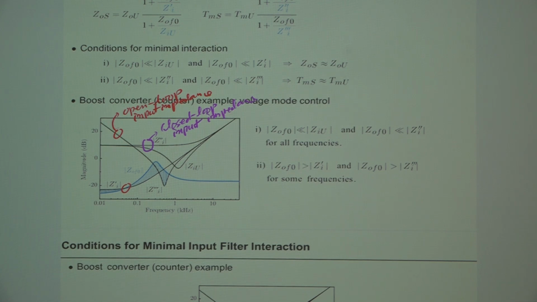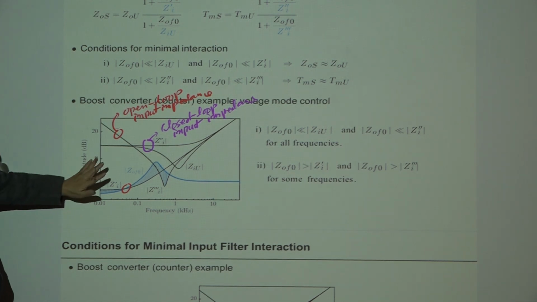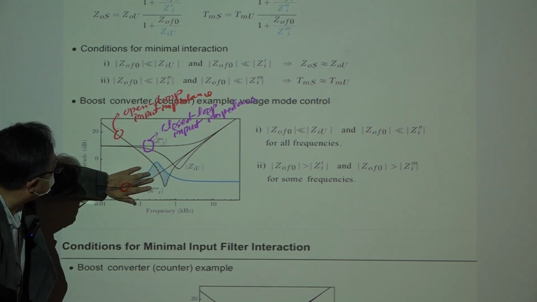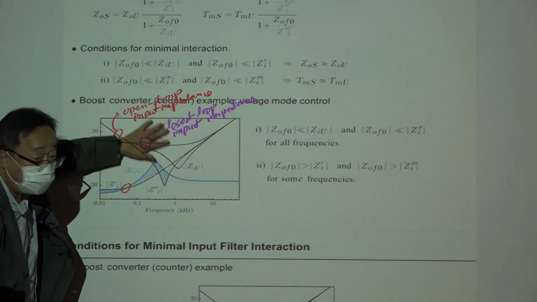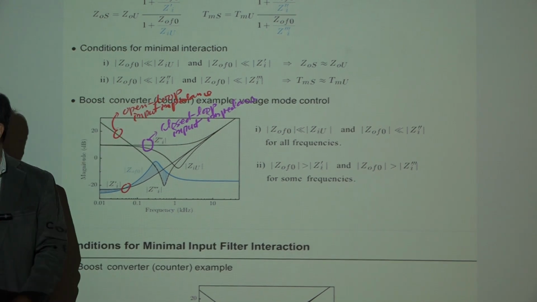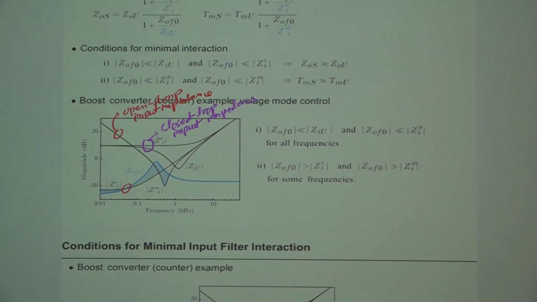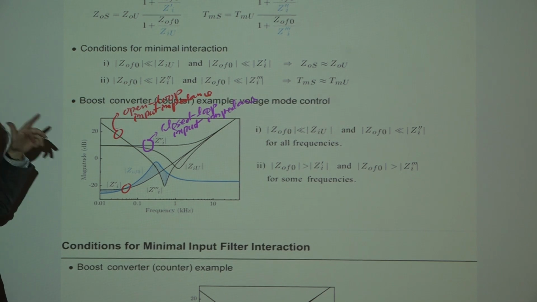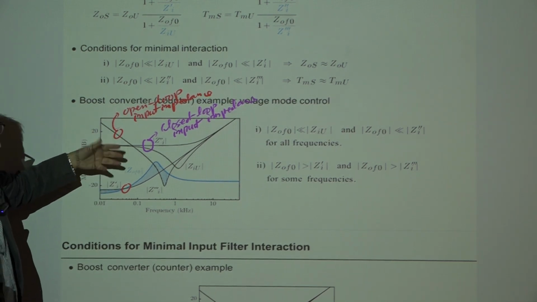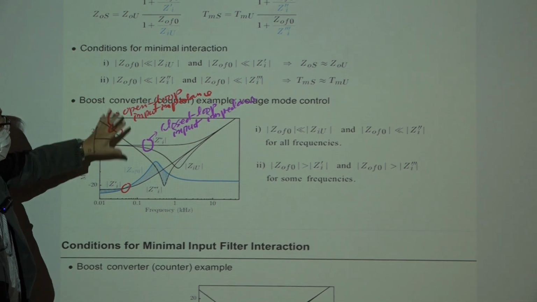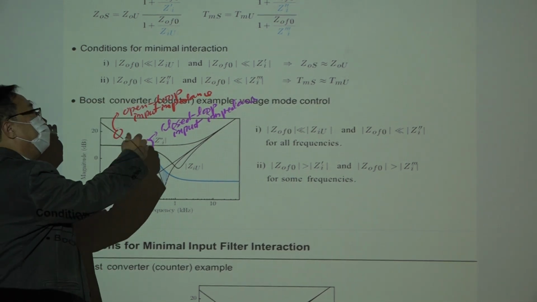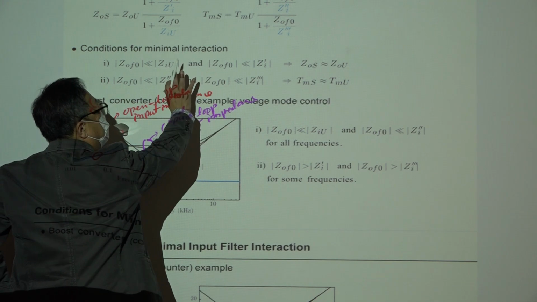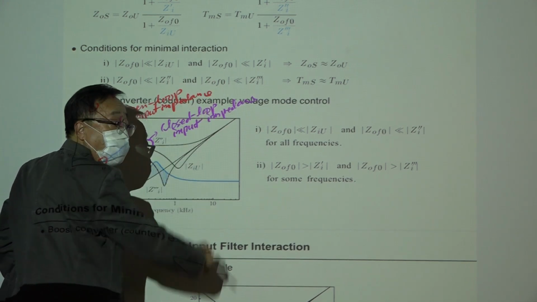That current mode control somehow boosts this up here, right? So that is one benefit of current mode control. Current mode control improves this open loop input impedance characteristic and mitigates the problem of this. In that case, it's much easier to meet these four requirements.